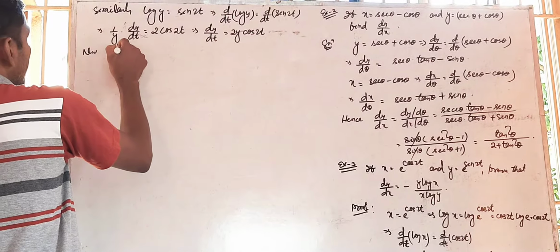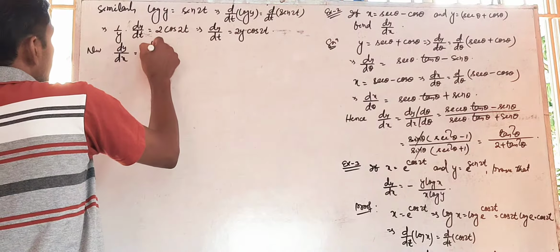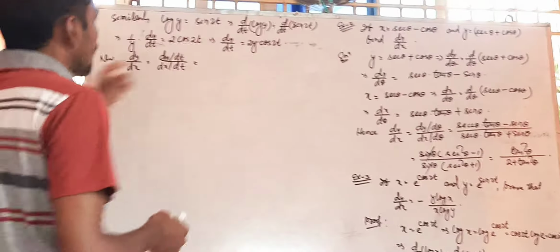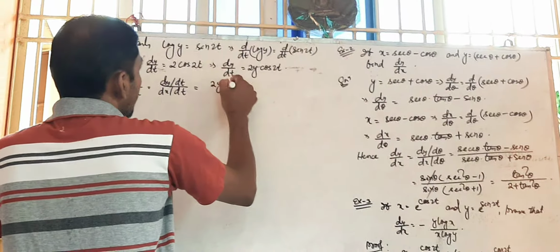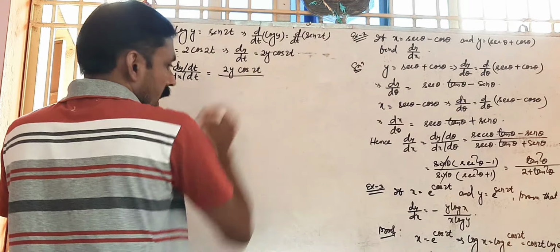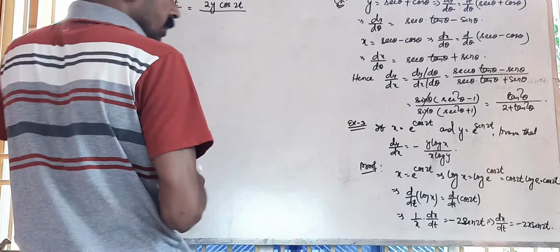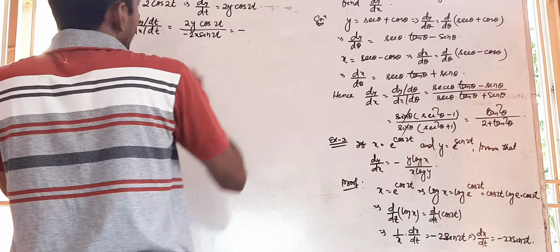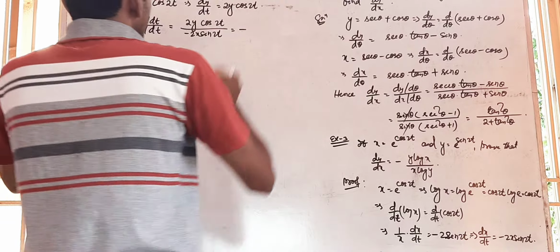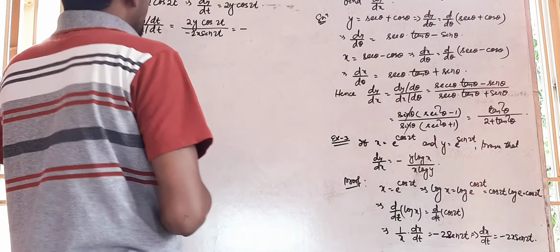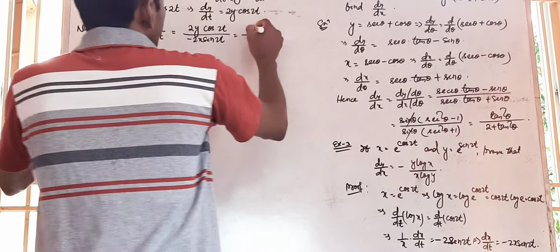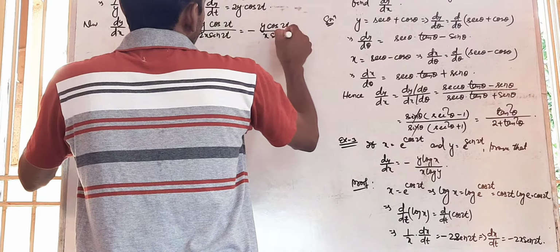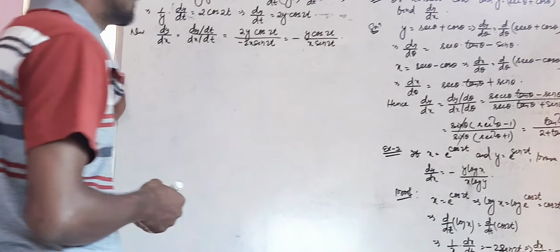Now what we want to find? dy by dx. So dy by dx is dy by dt by dx by dt. Now dy by dt is 2y cos 2t and dx by dt is minus 2x sin 2t. So the 2 cancels, and it is minus y cos 2t by x sin 2t.